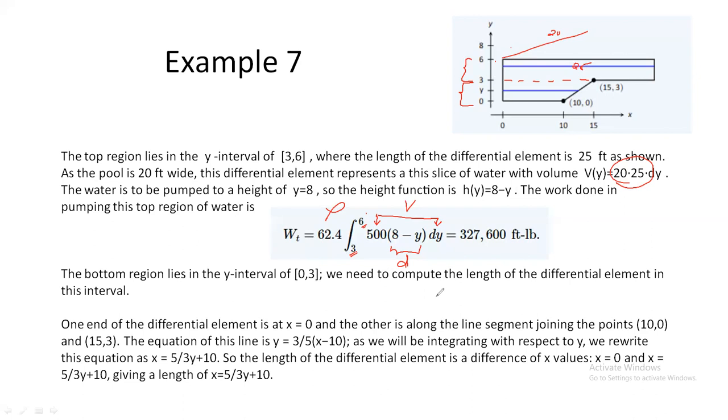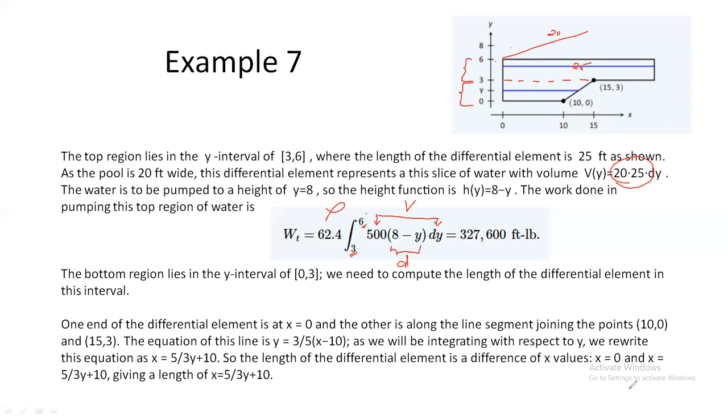We need to compute the length of the differential element in this interval, or we need to express this length in terms of y, because this length depends on the y, whatever that y may be. It's something that is not fixed, so we need to write an equation for that.